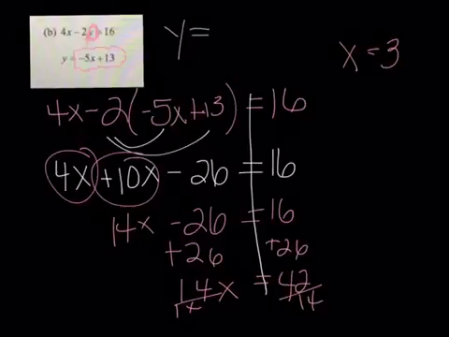Alright, what comes next? See if you can tell me. You're going to plug in 3 into one of the equations to get y. If you do the bottom one, it's easier. So take the bottom one, plug in 3, and try to get y on your own. Pause the video. When you're done, resume it.